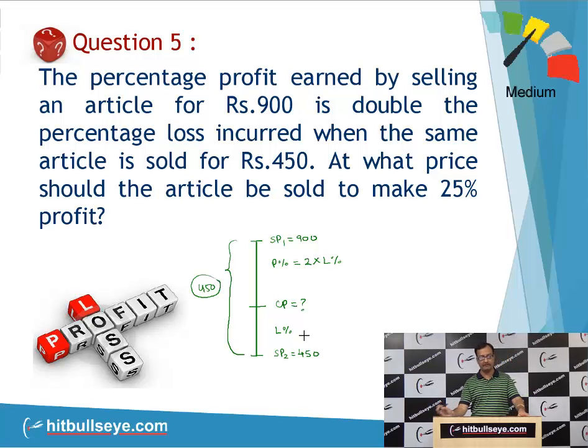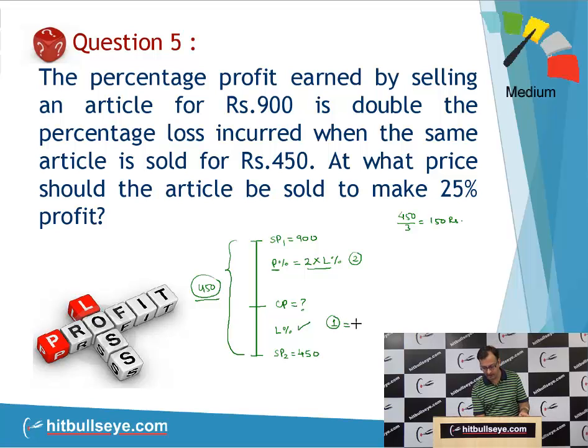So can we say if we want to get one loss percentage and twice of that loss percentage as profit percentage, it means we need to divide 450 into three parts. So one part here and two parts here. So dividing 450 into three parts, can we say each part must be equal to 150 rupees?